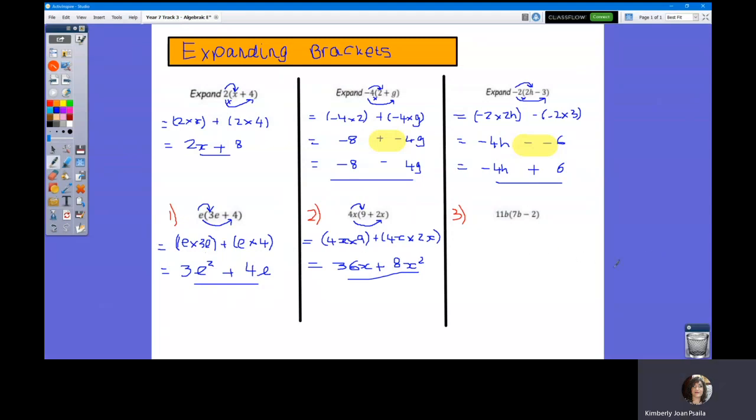Okay, last one. So you have 11b times 7b. You write down the minus sign there, then you multiply 11b times 2.